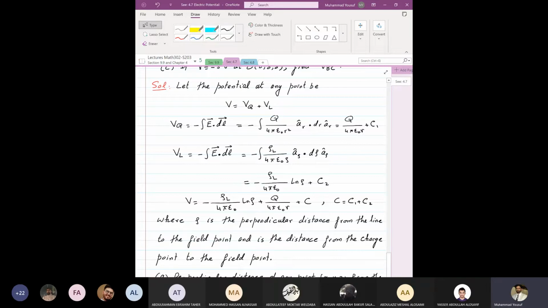And for the line charge, E dot dl is rho L, replace Q by rho L dl. Here, dl is d rho a rho, in the radial direction, that is, the rho direction. I think there is a mistake in the book, and let me correct this also. This 4 is not 4, it is 2.